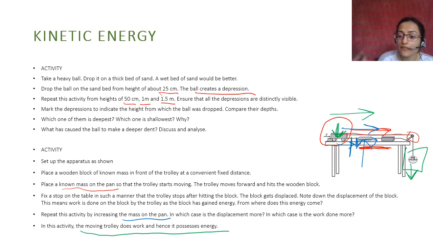So if it is moving with some energy, it exerts this same energy on this block when it reaches the block. This makes the block do some amount of work, which means it moves a certain distance. So this energy that is on that trolley is called kinetic energy, right?